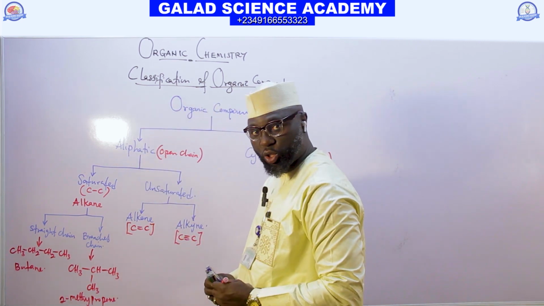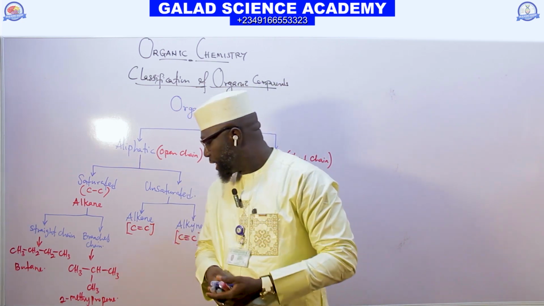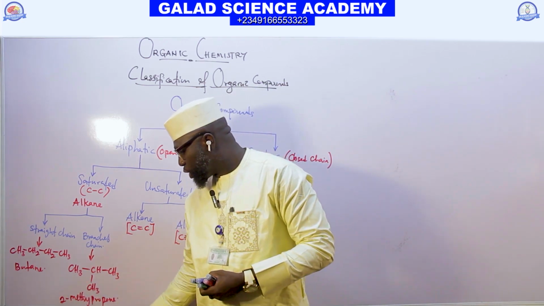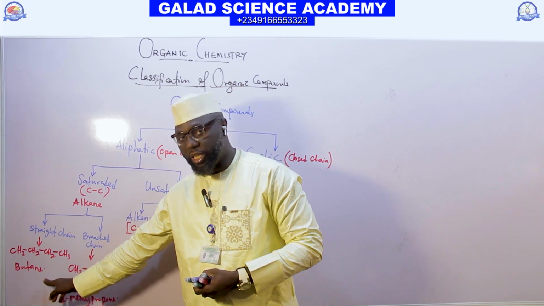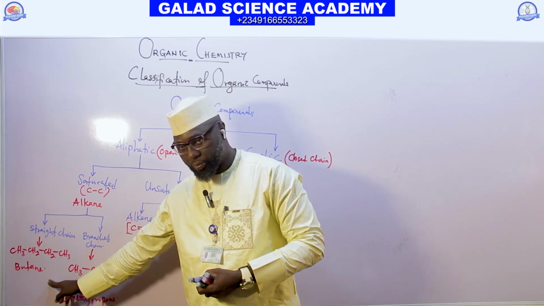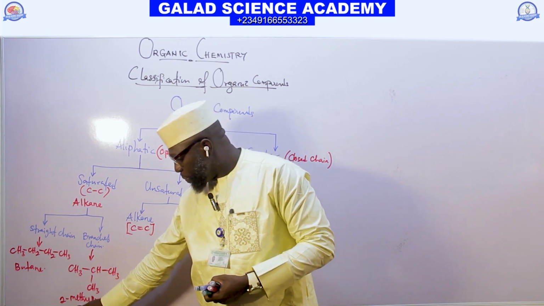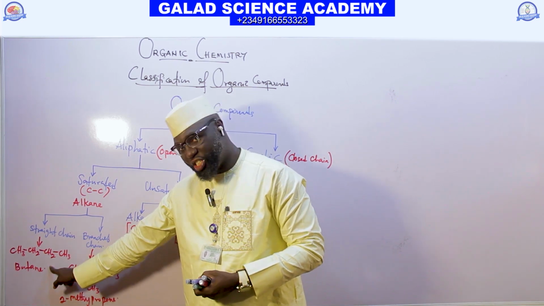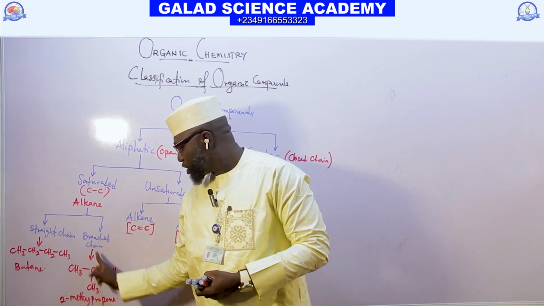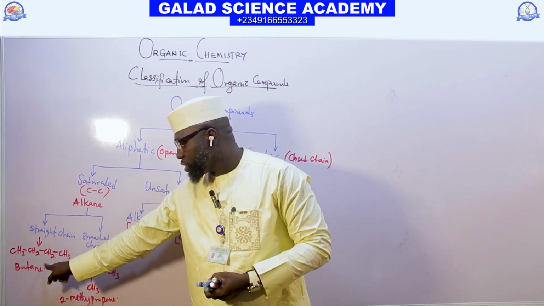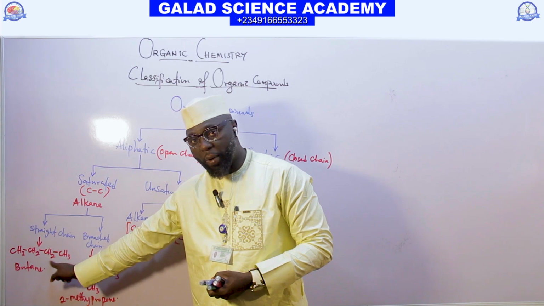Forget about the nomenclature, we will soon get there. So this one can also be called isobutane. This 2-methylpropane is a branch structure of normal butane.